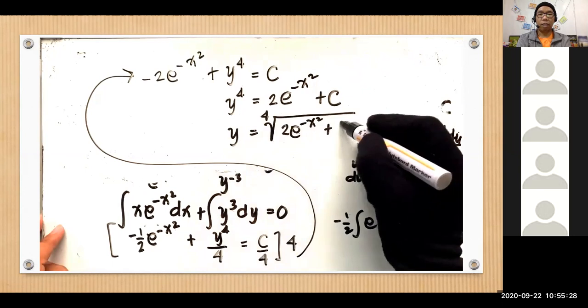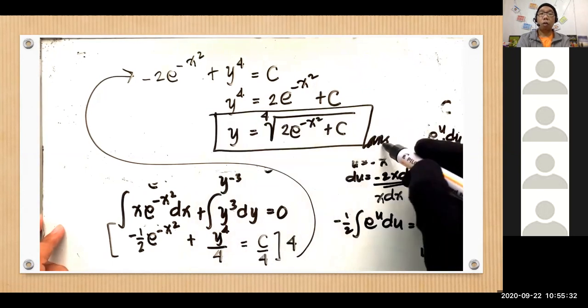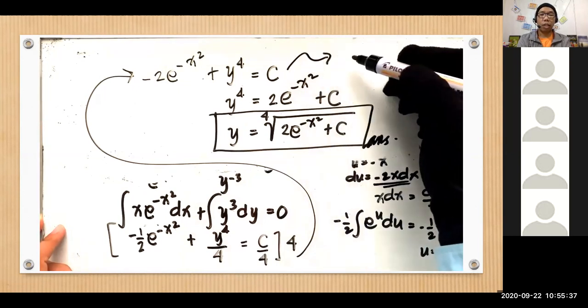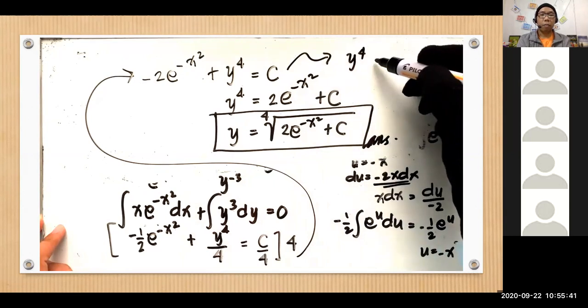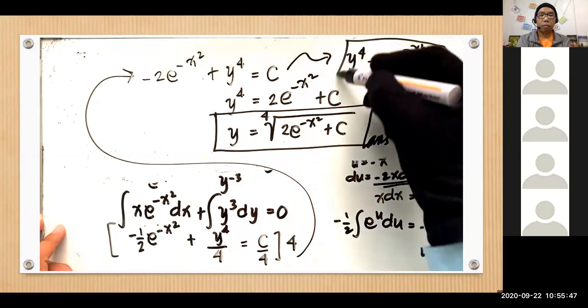Kaya, yun yung sagot natin. Kaya nakasolve for y na siya. Or, as is mo na lang, naayusin na lang yung pinaka-equation mo doon. Kanina, naunahin mo yung positive na term. So, tapos minus ka 2 e raised to minus x squared and plus c.